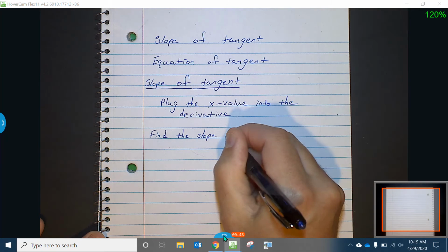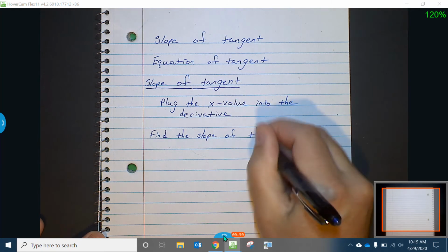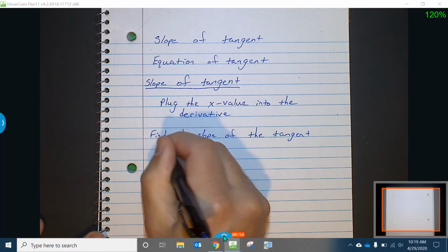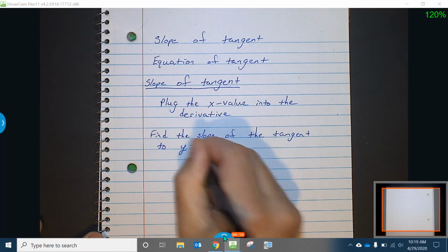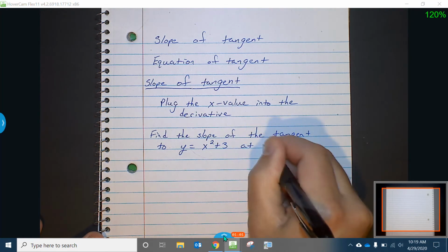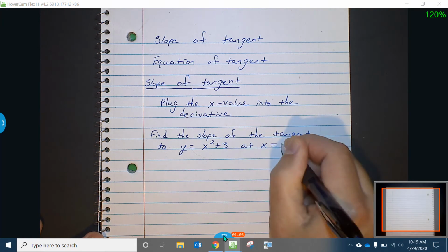So find the slope of the tangent. Let's say 2y equals x squared plus 3 at x equals, let's go with 2 there.